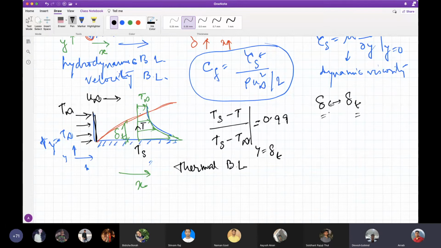Fourier's law. Okay, so if we apply Fourier's law to the fluid at y equals 0, remember, Fourier's law we are applying to the fluid at y equals 0, then what do we write?